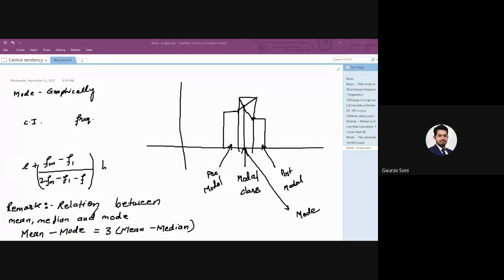So mean and mode has the largest difference. Please remember this. In some cases, it may be difficult. If you have the mean and you have the median, there is no need to actually go for calculations of this mode. You simply use the mean and median, use this formula to get the mode. Fine.